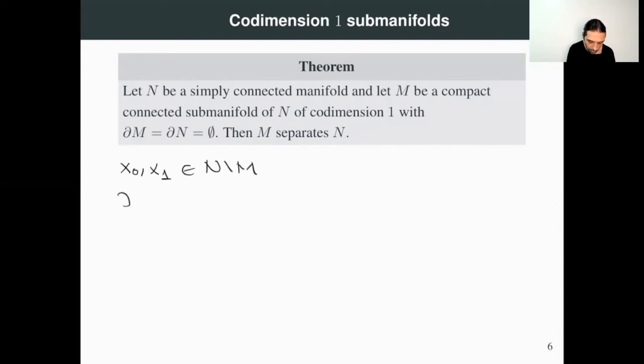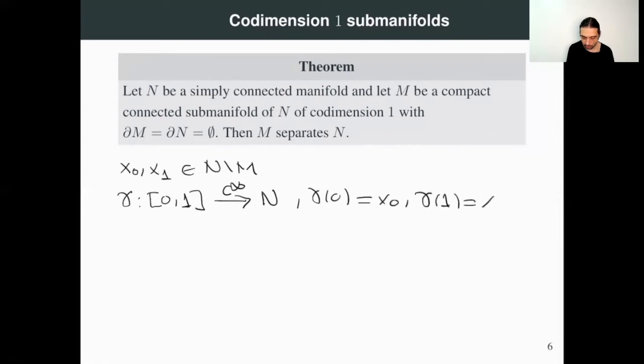And now we are going to consider a C infinity map from the closed interval [0,1] to N, such that the initial point is x0 and the final point is x1. Okay. And we want to associate to this map some invariant.